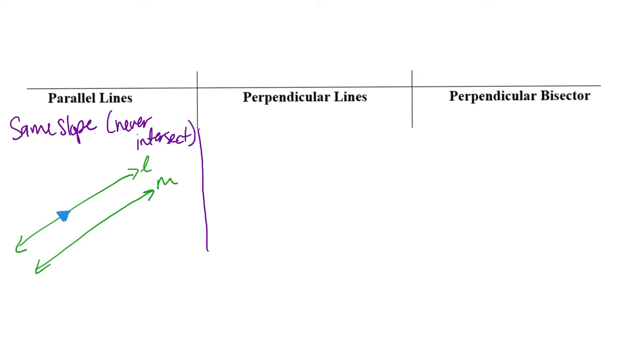Sometimes they'll be colored in like this. Sometimes they'll just look like arrowheads. So we would say that line L is parallel to line M. That's how you would write that out.